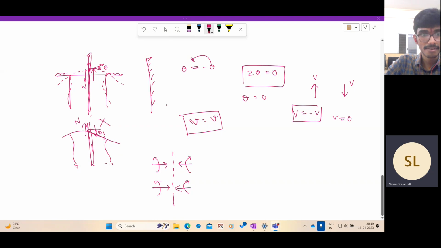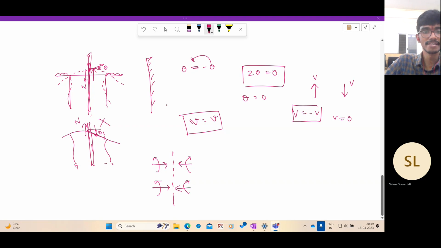But the shear force must have an upward and downward direction, so they must be equal to zero, the sum of that. So that's why V equals minus V. Okay, sir. If you take a mirror, theta should be zero. Yes.